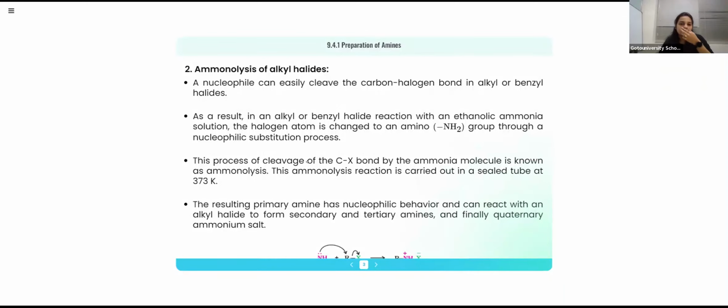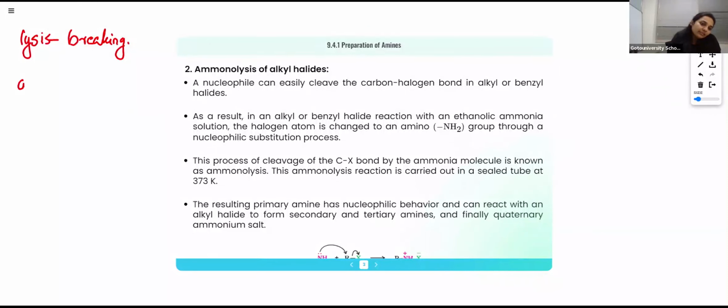Okay, then the next one, ammonolysis of alkyl halide. What is ammonolysis? What is the meaning of lysis? Lysis means breaking. What is ammonolysis?